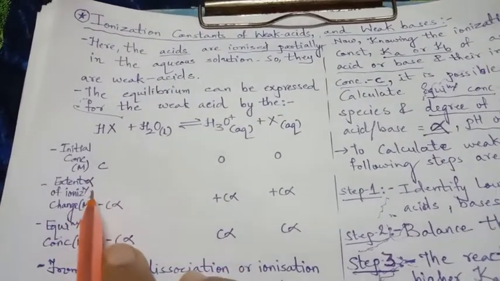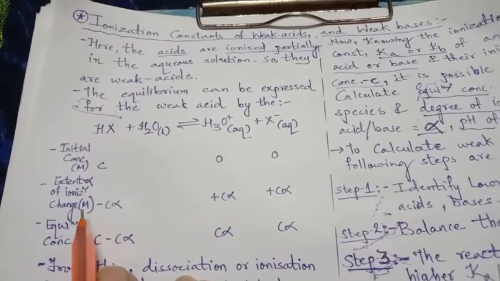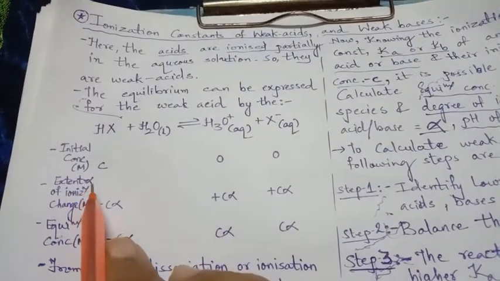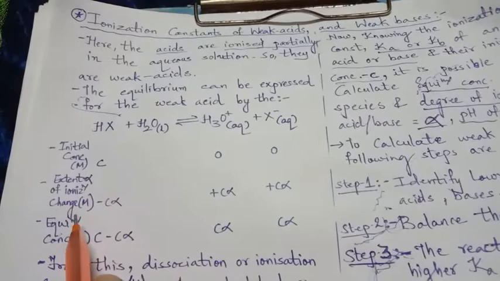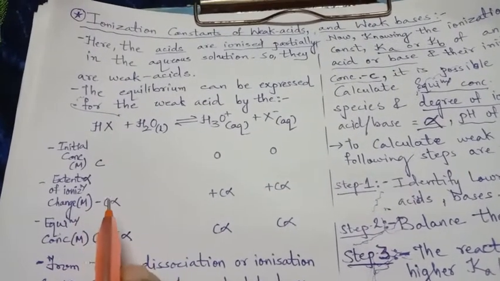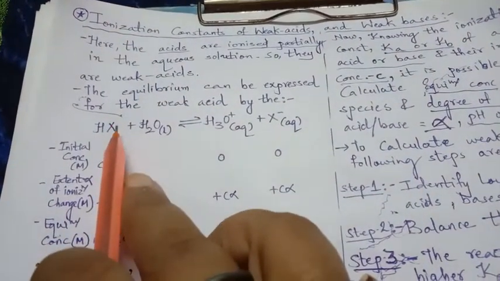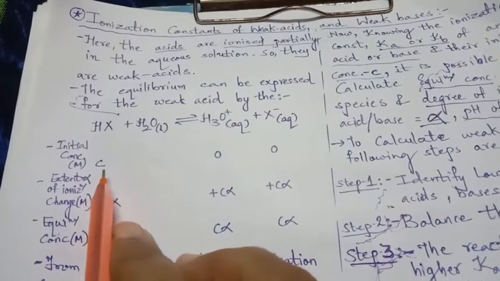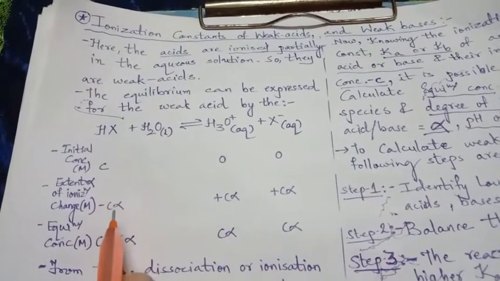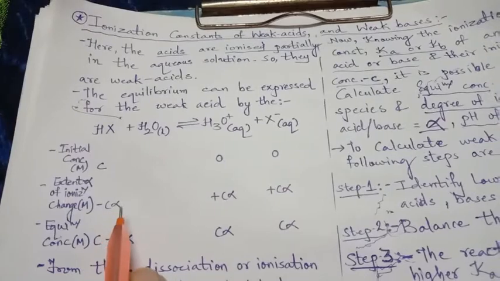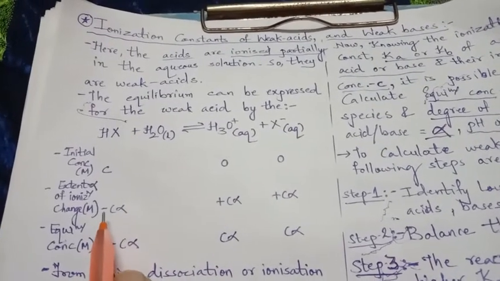Then there is change in the ionic concentration, or you can say extent. Alpha stands for the change in concentration during the reaction. Now this much concentration of the reactant is changed, that is C alpha. So C alpha is minus here.